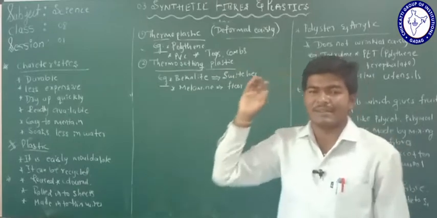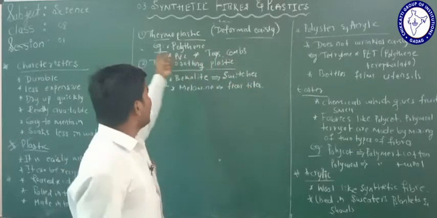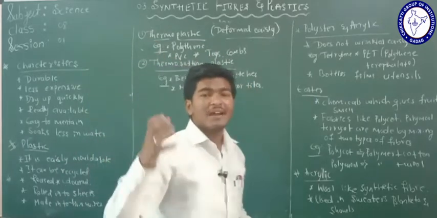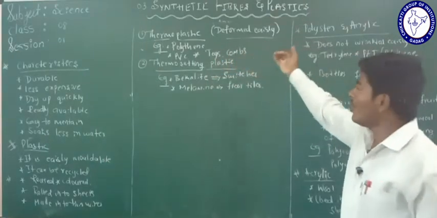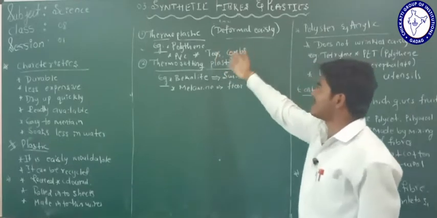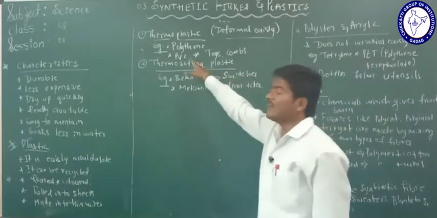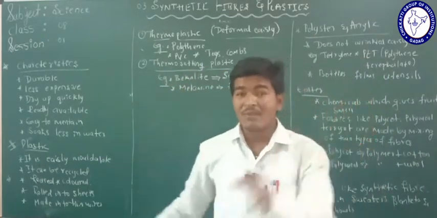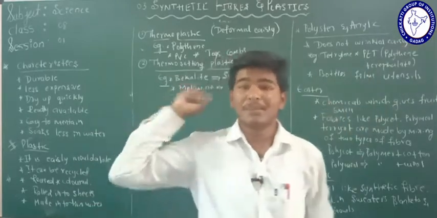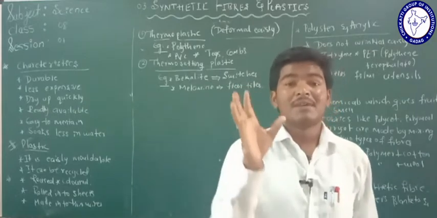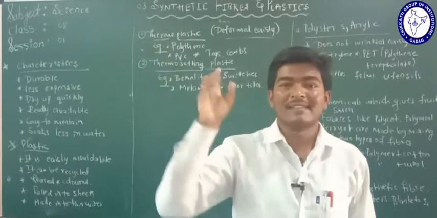Thermoplastics are the plastics which deform easily due to heating. Examples of thermoplastics are polythene and PVC. We use PVC pipes for water connections and for electrical circuits. What is meant by PVC? PVC is nothing but polyvinyl chloride, which is one type of synthetic material.